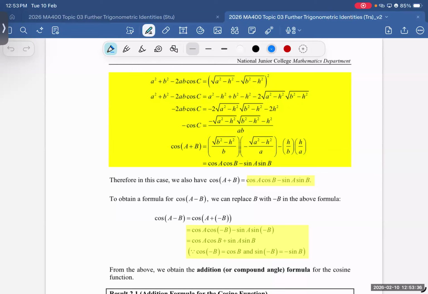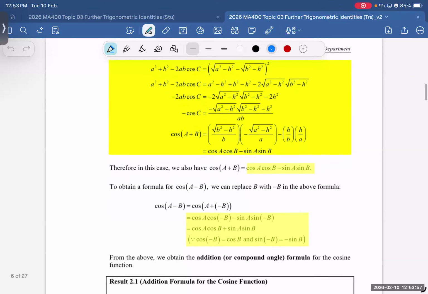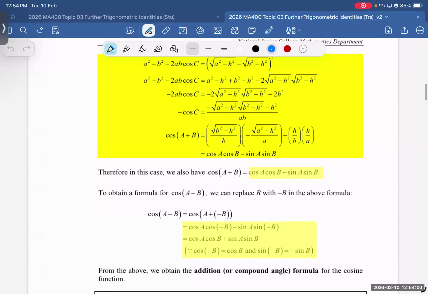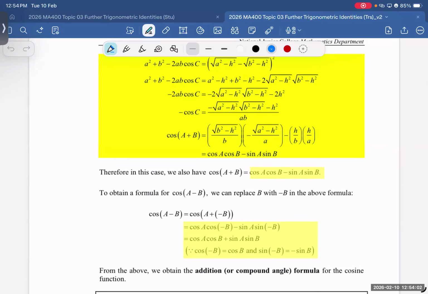Sine, naughty boy. Joshua, are you copying? Okay, so for the bottom, it's a proof for cosine A minus B. I'm on page 6. Better pay attention. I've said it a few times.